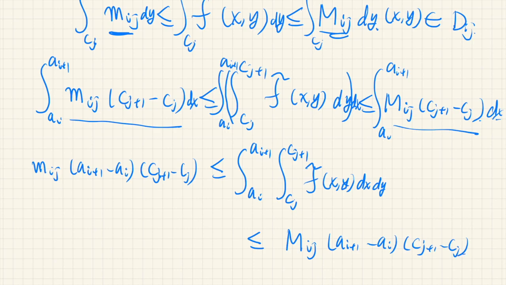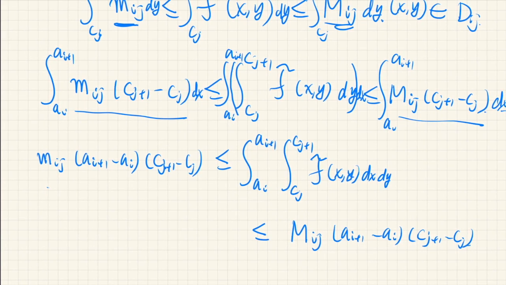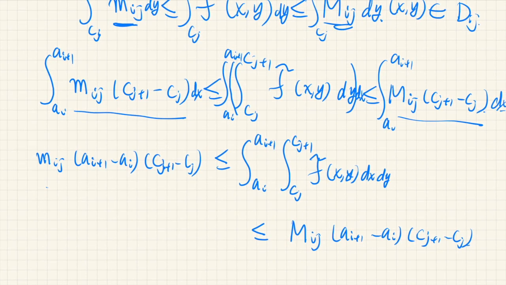Then we take the summation for all i and j. So let's sum over i and j, where i runs from 0 to n minus 1, and j runs from 0 to m minus 1. And same for this.